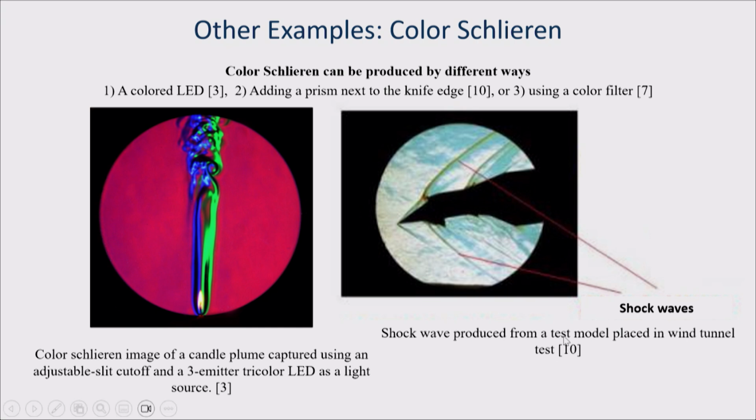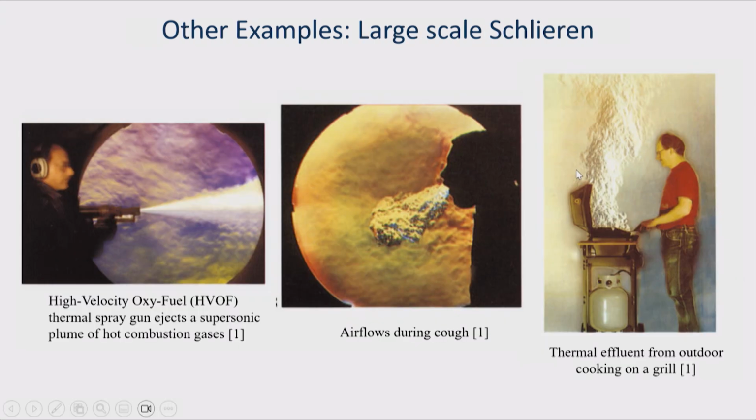You can pick up some more variations really easily, like shock waves, where the variations in the background and in the densities are slightly different. All we need is either to use different color lights to illuminate, or have a prism so that it separates the light before the mirror.